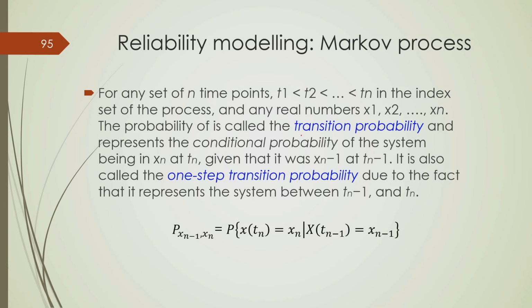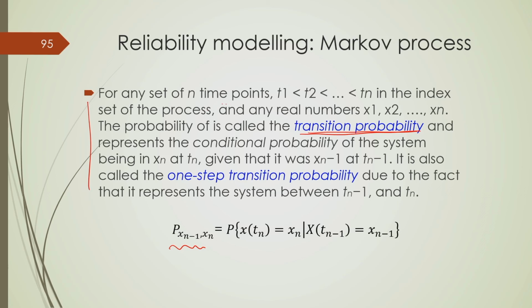Now, we have a concept of transition probability from one state to another state. For example, this basically gives you the transition probability of state x_n from state x_(n-1). Okay.